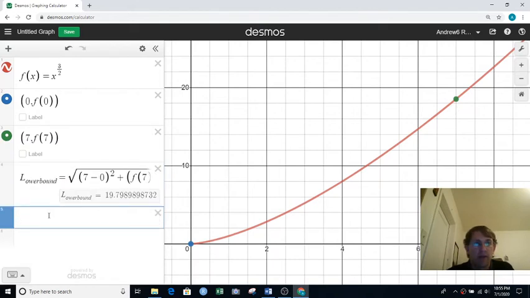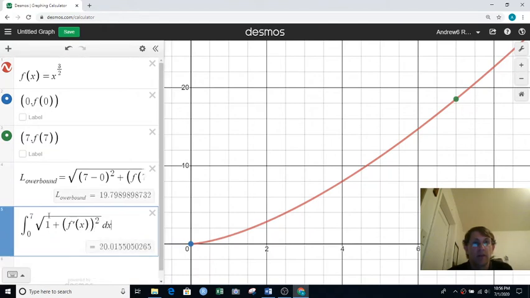So what did we say our integral was? Well, we could just type the integral directly. We could type from 0 to 7 square root of 1 plus, and then we could actually get Desmos to do the derivative for us. And did we get something slightly above our lower bound, but not quite the same? Yep, so that's pretty good.